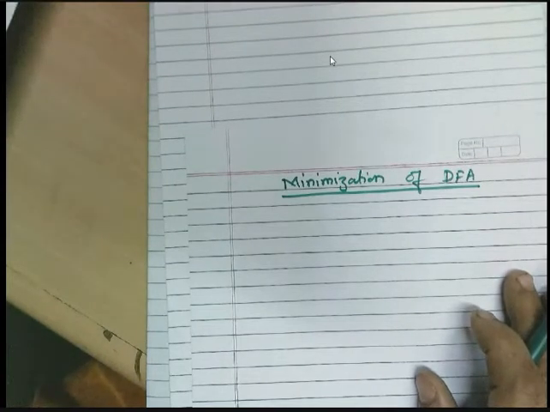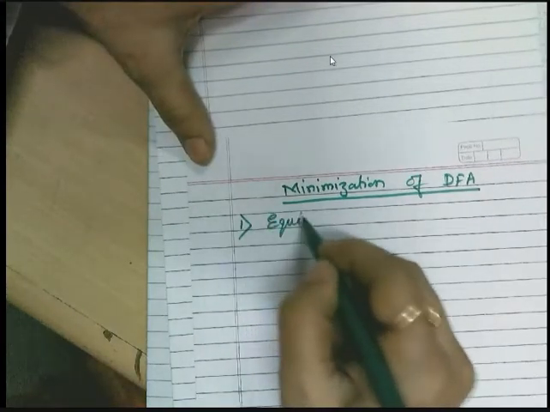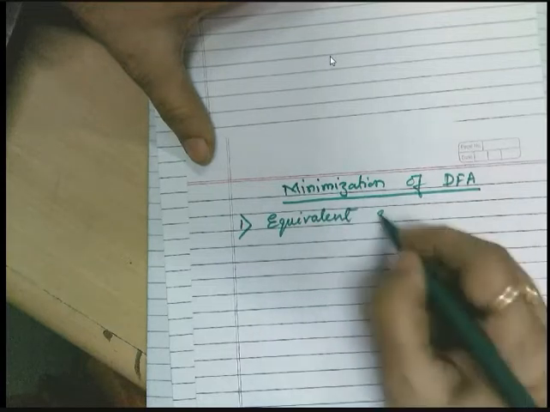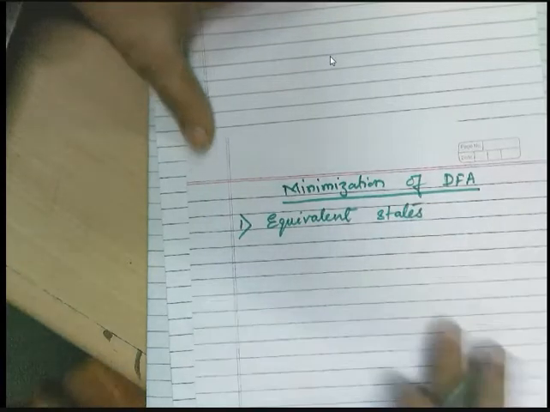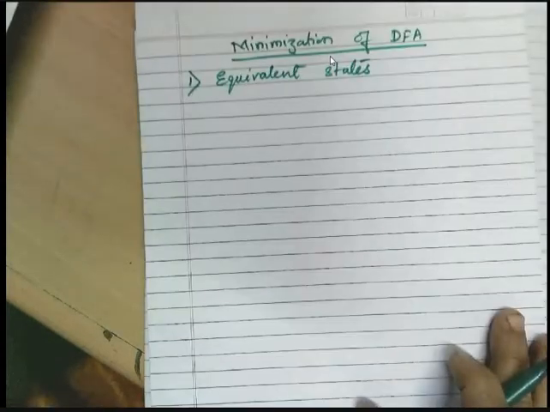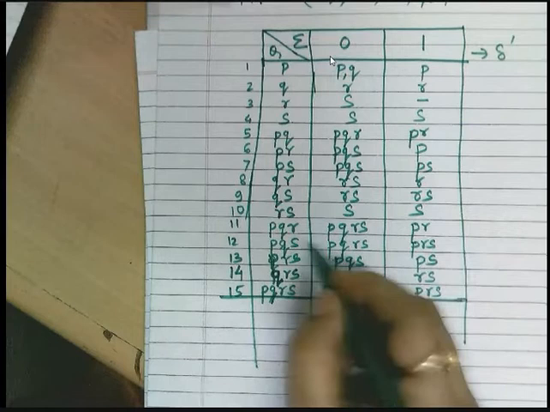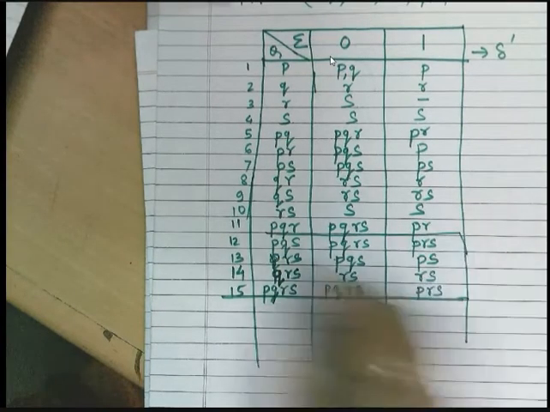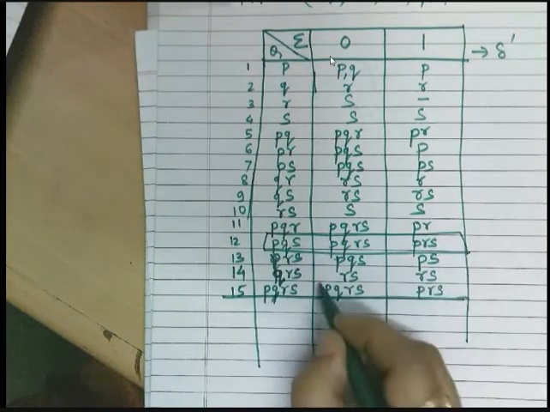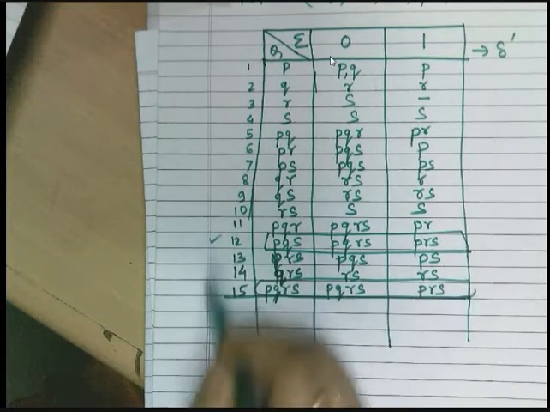So very first scenario is what? You have to remove the equivalent states. Now what do you mean by equivalence of a state? Yesterday I told you, for example here, these two rows, row number 12 and row number 15.